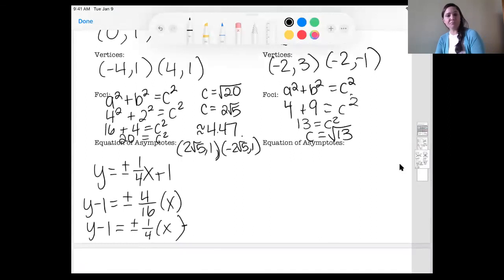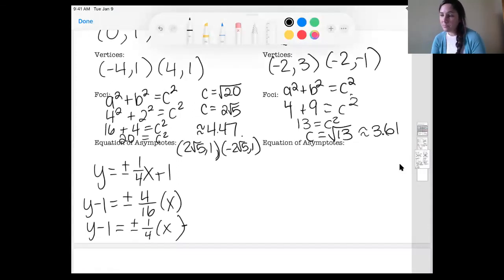13's prime. I don't know the square root. However, I know the square root of 9 is 3. The square root of 16 is 4. So this is going to be somewhere between 3 and 4. Or you can use your calculator and find out that exact value, and it is about 3.61, 3.6055, something.